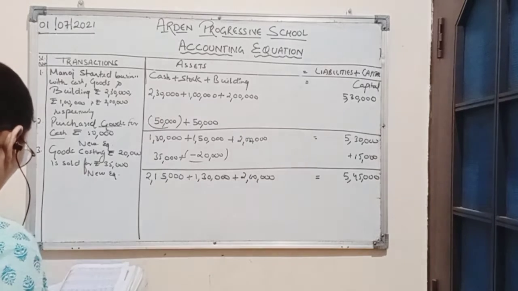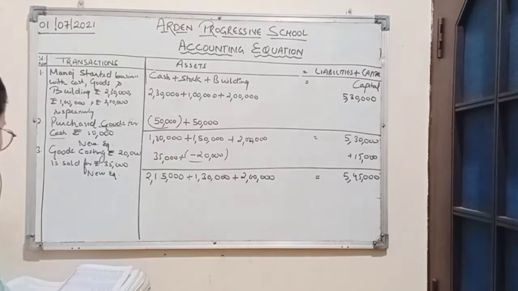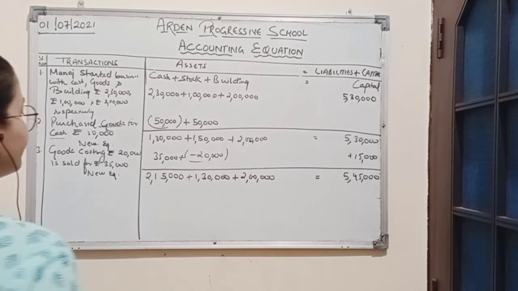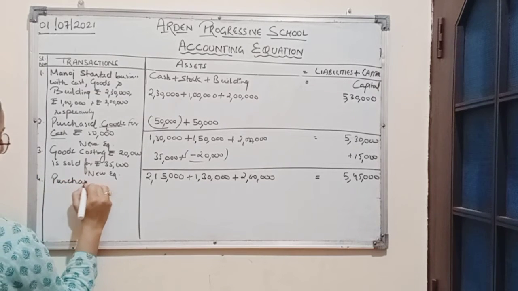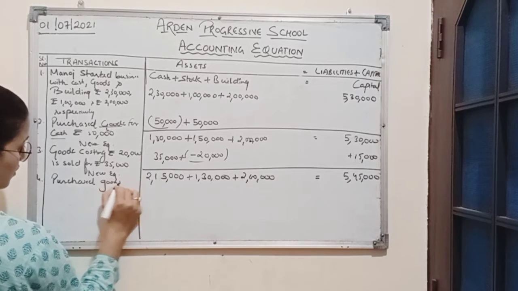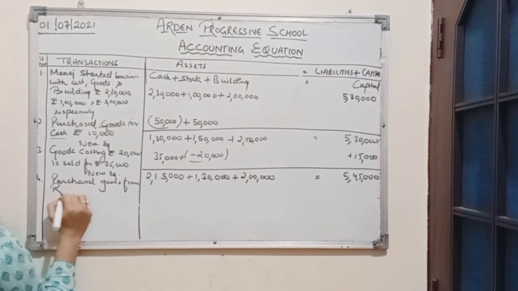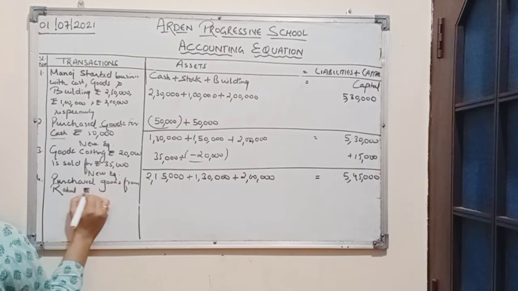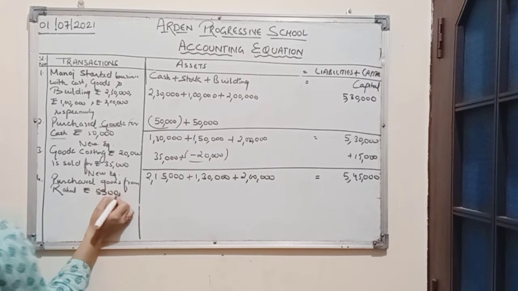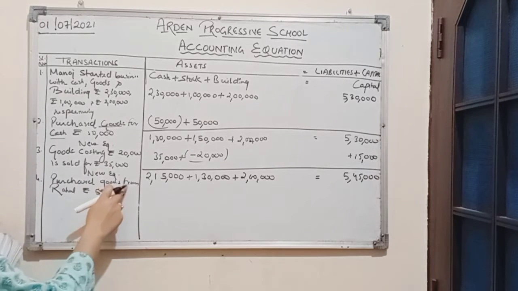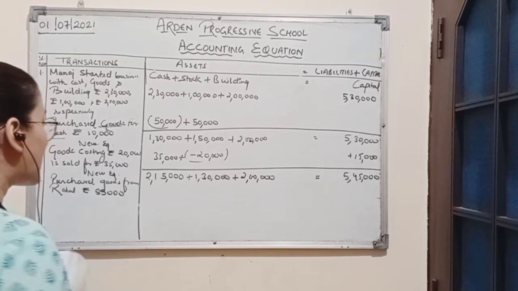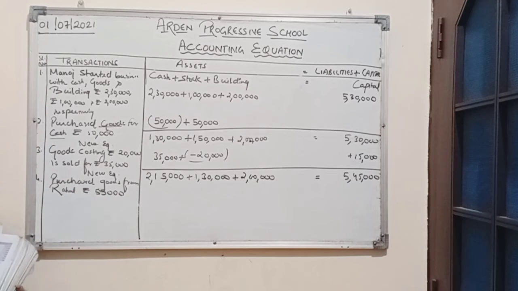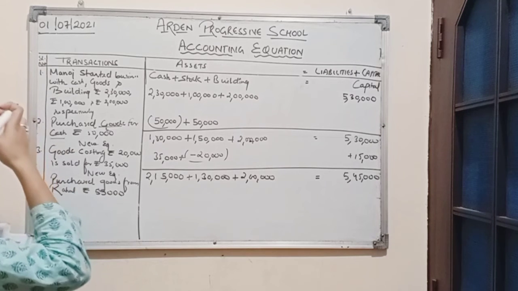Now here, the fourth transaction is he purchased goods from Rahul, 55,000. Now, goods has been purchased from Rahul amounting to rupees 55,000. Cash is not mentioned in the transaction. That means it is considered that goods has been purchased from Rahul on credit.